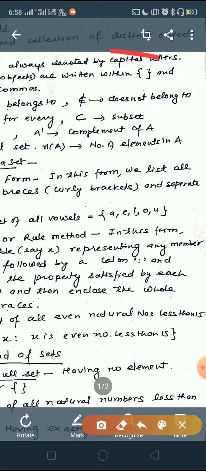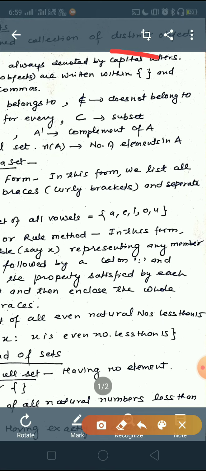Children, here well defined means we are able to tell whether a particular element is included or excluded. That means there is no ambiguity. It will be quite clear whether it is included or excluded. This is called well defined.